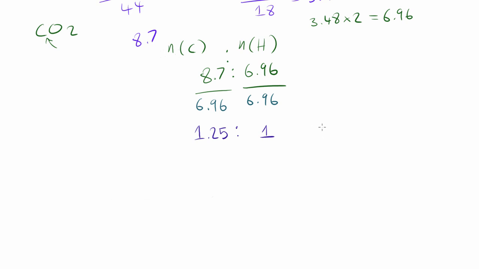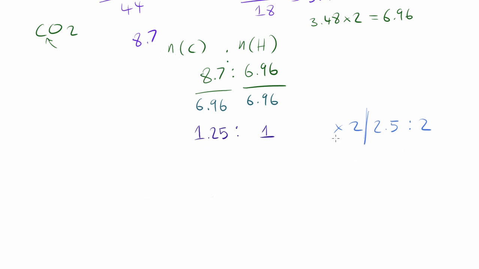So if we multiply this by 2, what do we get? Well, if you multiply it by 2, and we're just going to write the product over here, we're going to get effectively 2.5 to 2. Is this a whole number ratio? No, it's not.